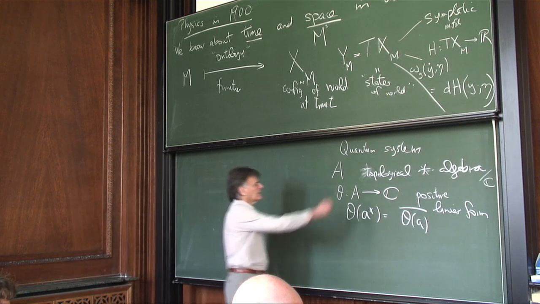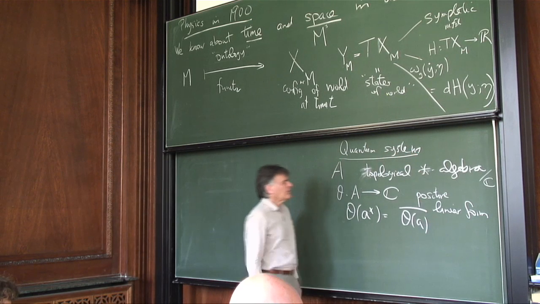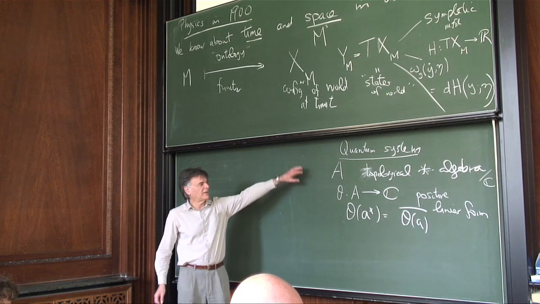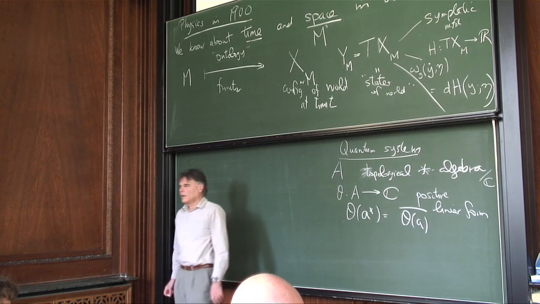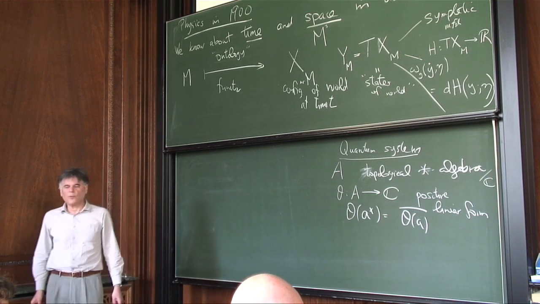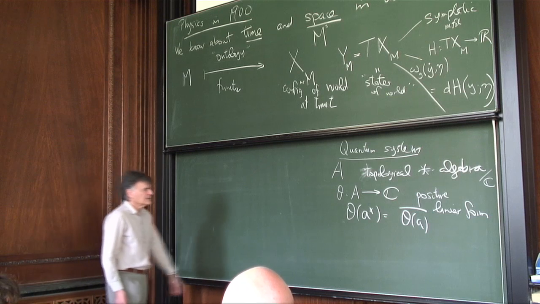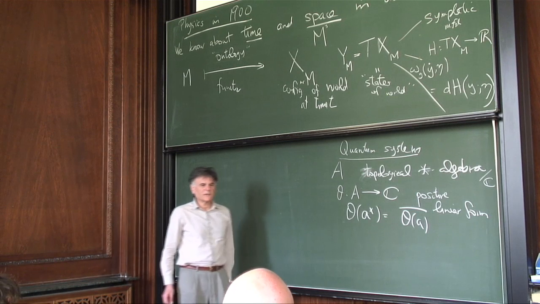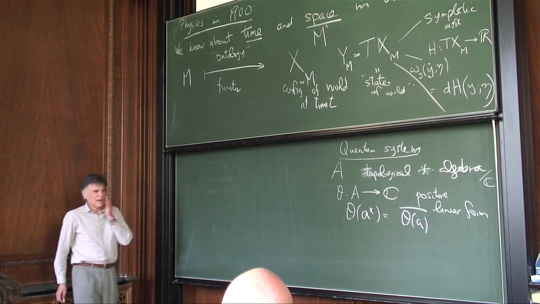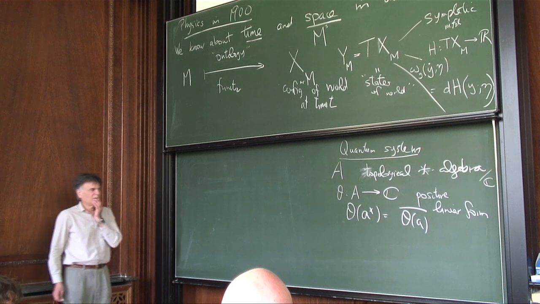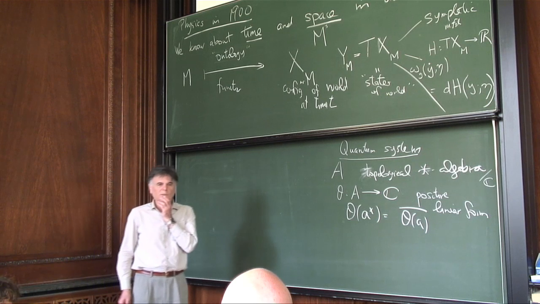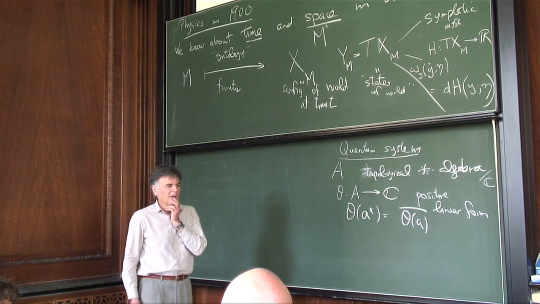So this is a quantum system, and that's meant to be the thing that takes the place of the symplectic manifold and the point of the symplectic manifold. This linear form you traditionally call a state. Now, some of you may not particularly like that description of a quantum system.